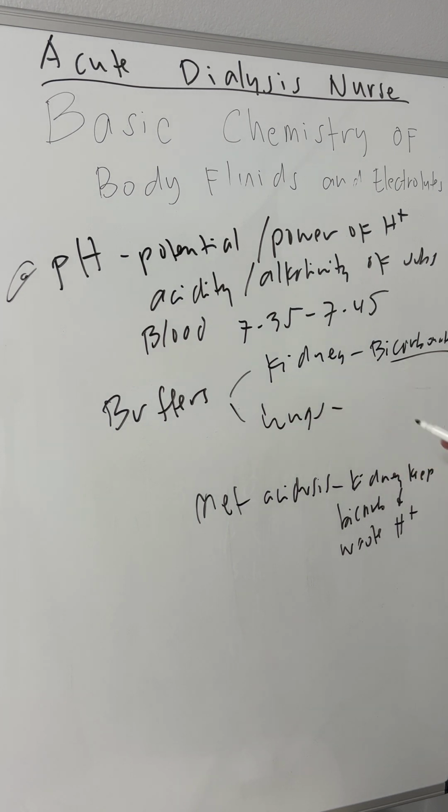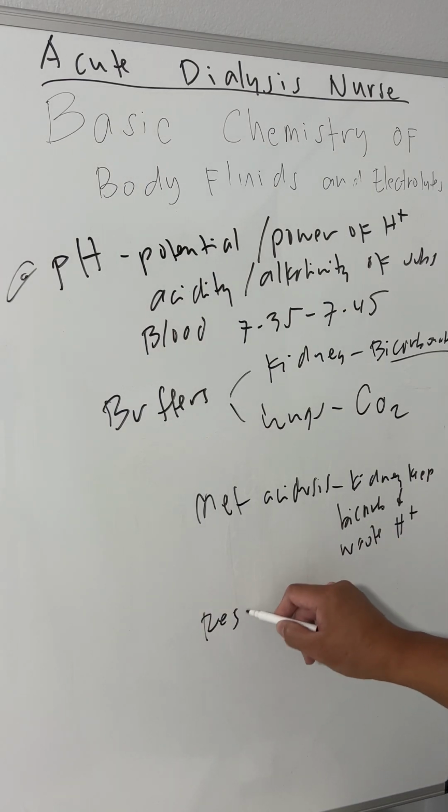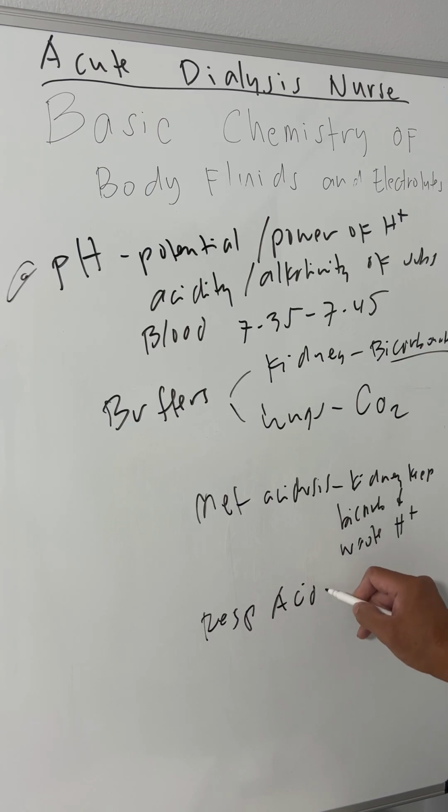How about for the lungs? The major buffer system of the lungs is the CO2. So let's start first with respiratory acidosis. If you have respiratory acidosis, you will blow off CO2. What does that mean? The patient tends to breathe faster, hyperventilate.